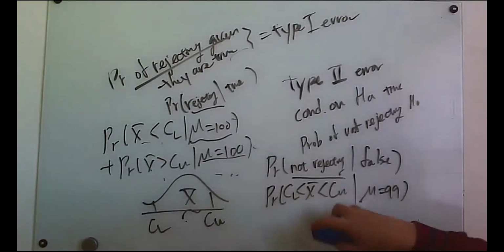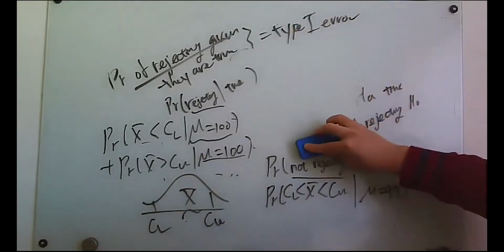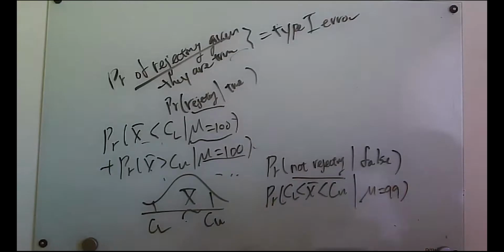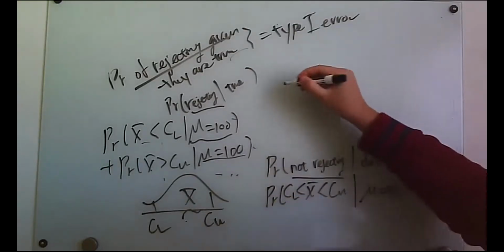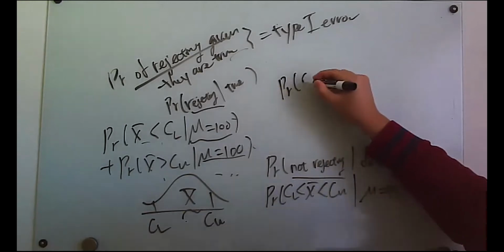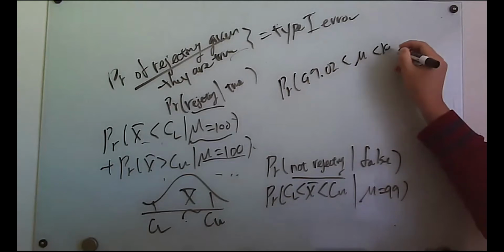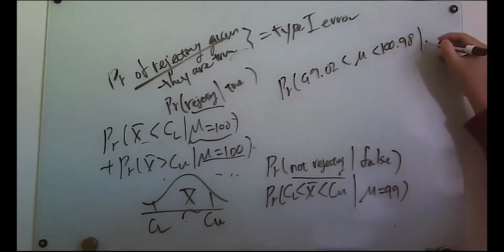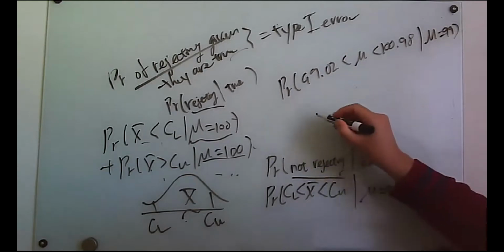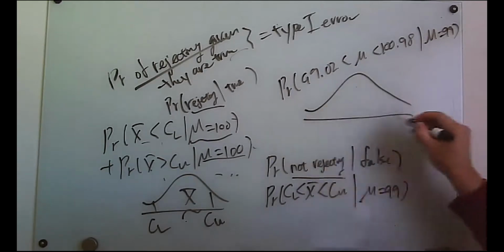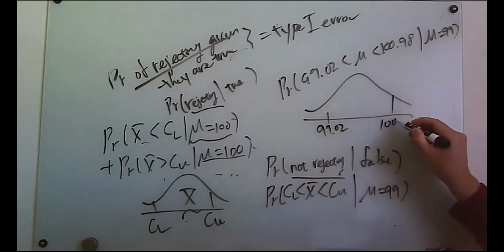Let's say our critical values CL and CU were like that: the probability that mu is greater than 99.02 and less than 100.98, given mu equals 99. Graphically, this is 99.02 and this is 100.98.